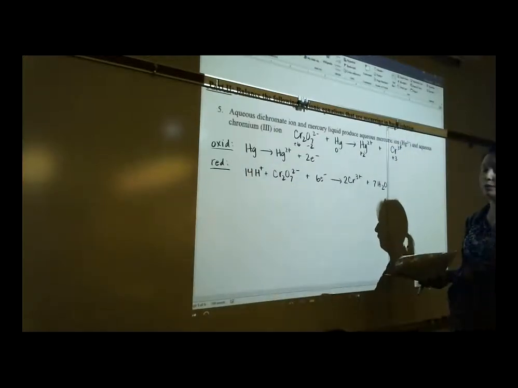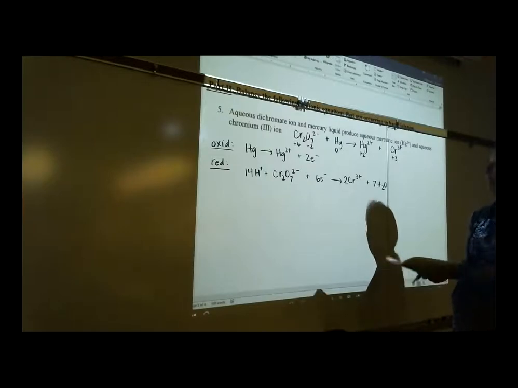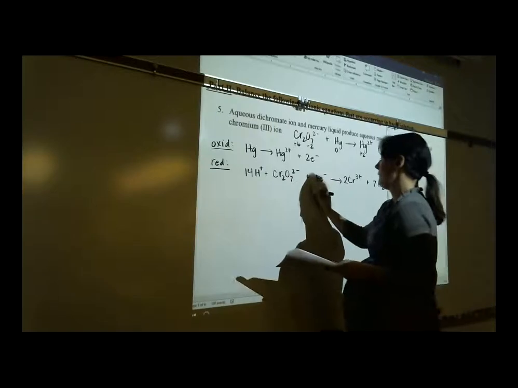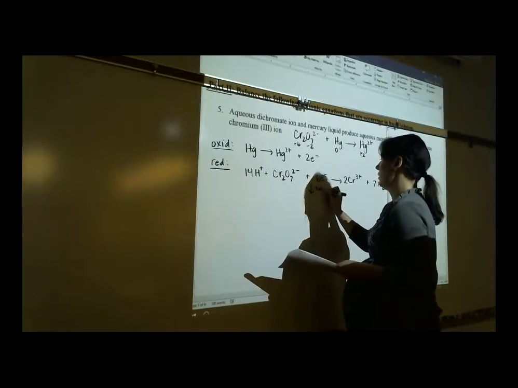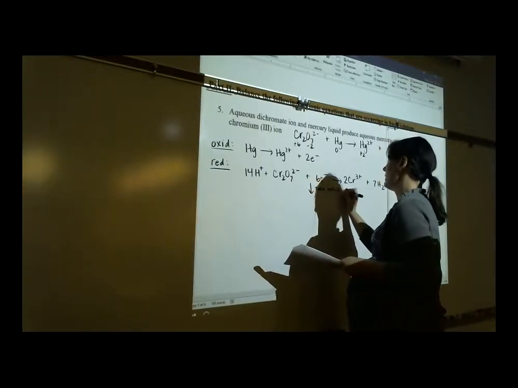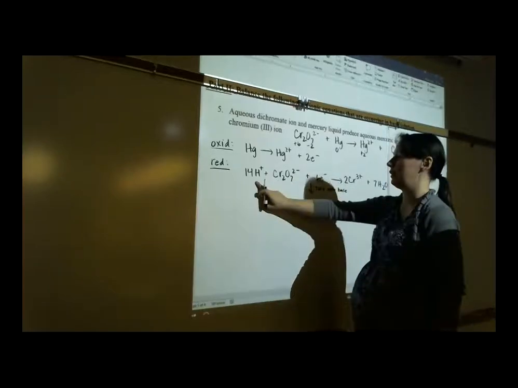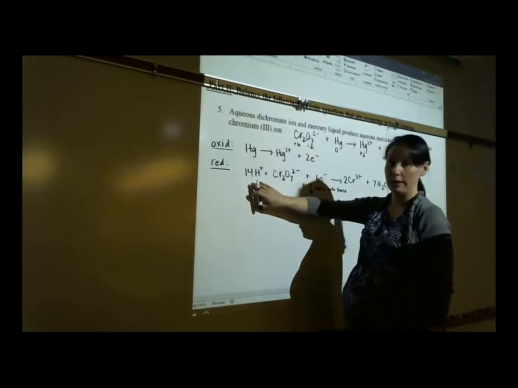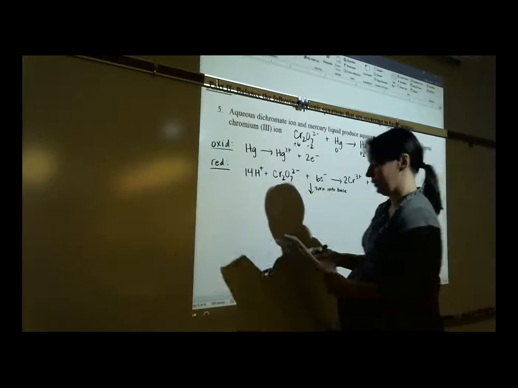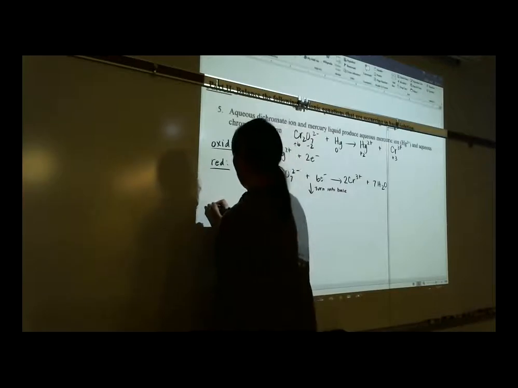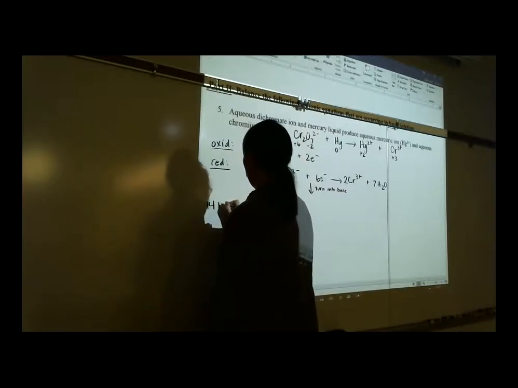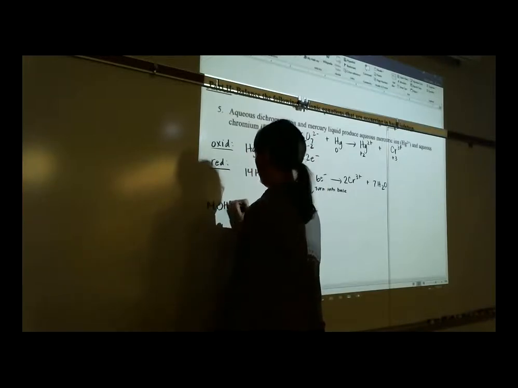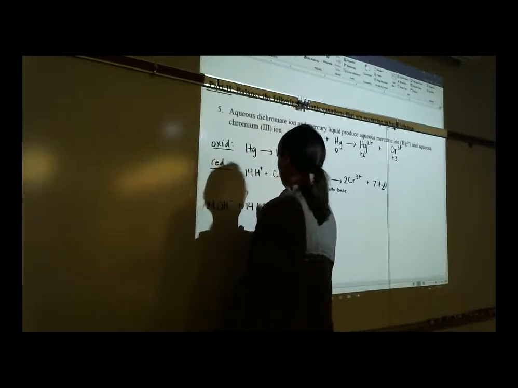But now we need to tell ourselves, well, this really isn't happening in acid, it's happening in base. So I need to convert this into a base solution. That means that I look at the number of H pluses and I add that same amount of the equivalent, which would be hydroxide, to both sides. Okay? So I would say 14 OH- plus 14 H+.